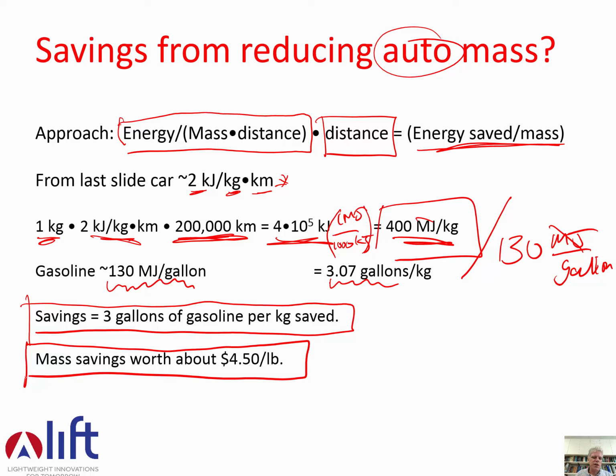So we can reduce the mass of a vehicle. For example, the Ford F-150 going from steel to aluminum saved about 700 pounds. You can see that turns into significant money. And these are, again, order of magnitude calculations, but they're real. You can expect to save a lot of money on fuel by these lightweighting decisions.